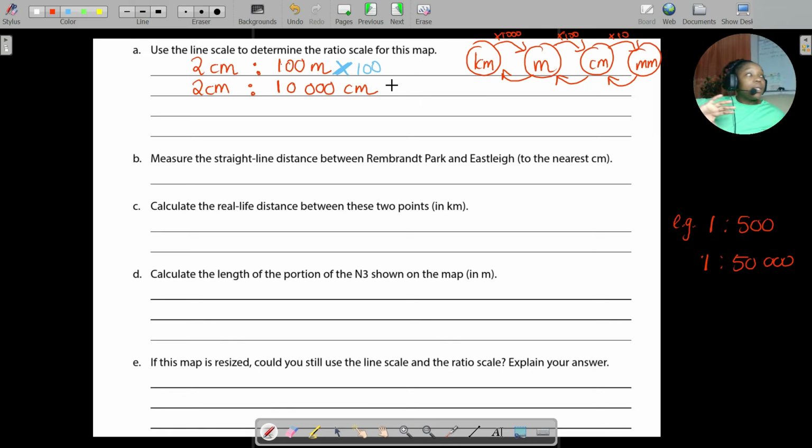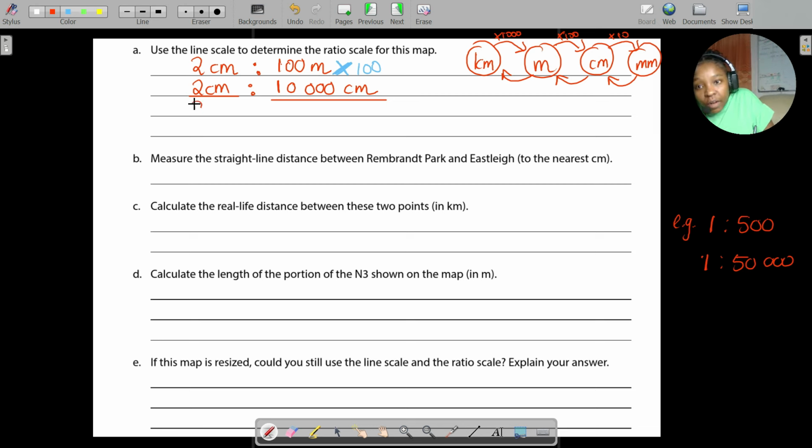Now our units are the same. Once our units are the same, ladies and gentlemen, we know what we need to do. You just need to divide both sides by that left value, so that you cancel out the units and the number, and get the left hand side in the form of 1 is to something.